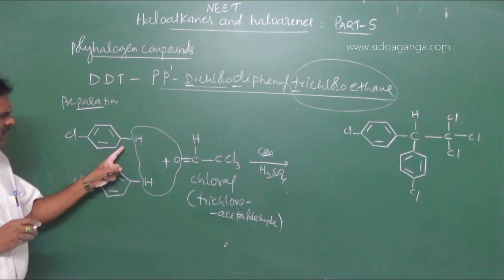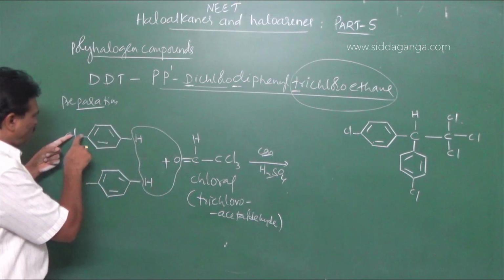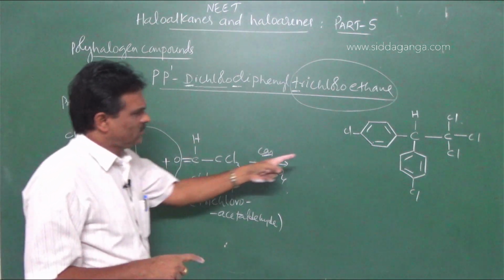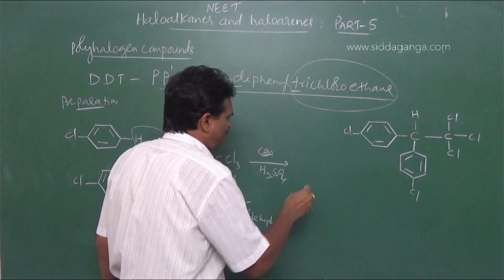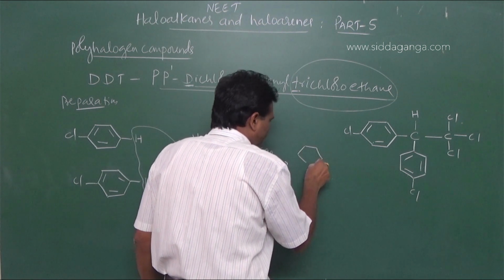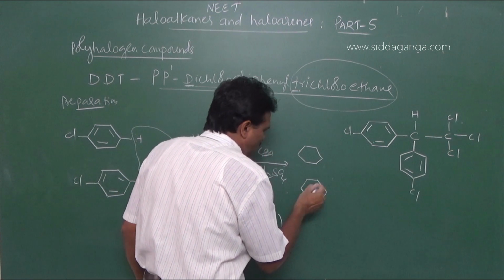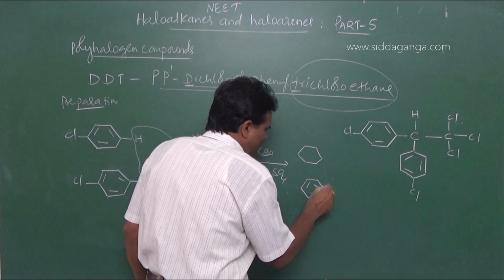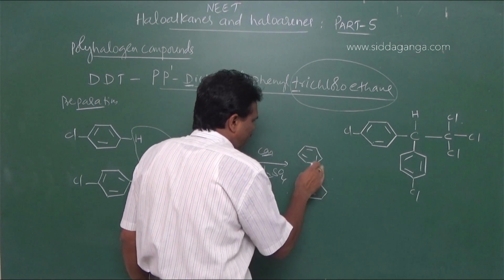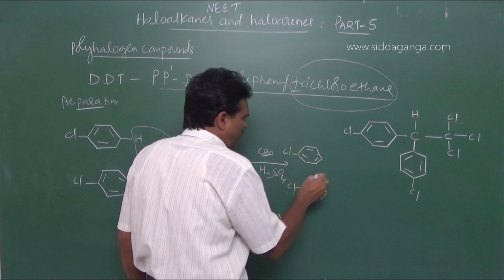After the water is eliminated, look at the compound that we get: the same 2 phenyl groups. Look here, 2 phenyl groups, or I can write like this. These are the 2 phenyl groups. A chlorine atom is there, here also a chlorine atom.